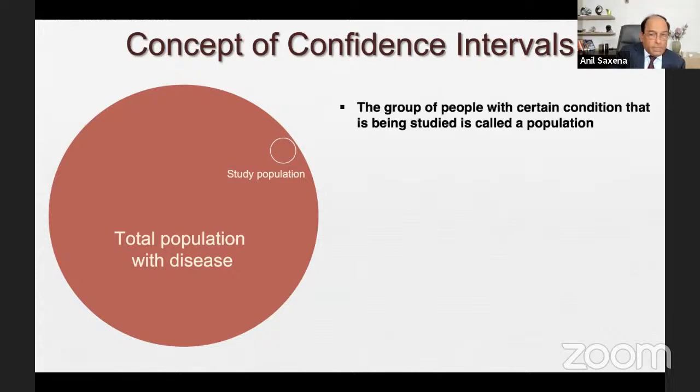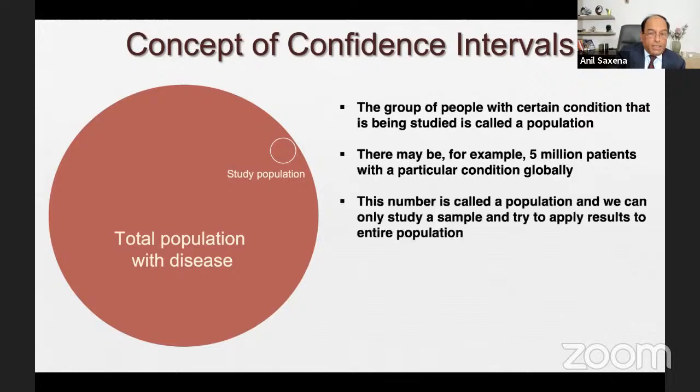Now, obviously, there will be uncertainty here. Whenever you have a huge population, which may consist of millions of patients, and you are studying a small number, there will be uncertainty, because if you take another sample, you may get a somewhat different result. If you take a third sample, a fourth sample, it may come up with different results. So there is always uncertainty.